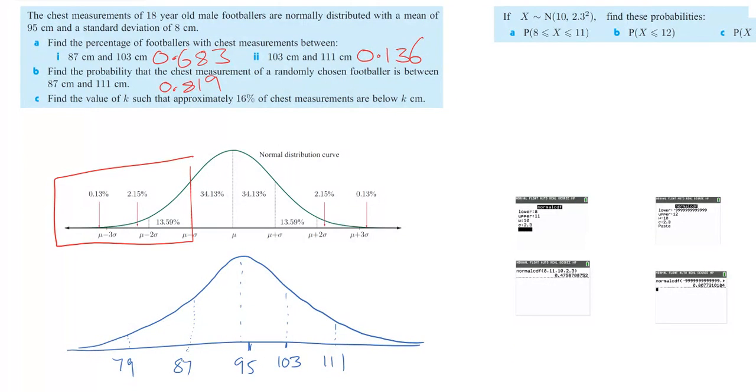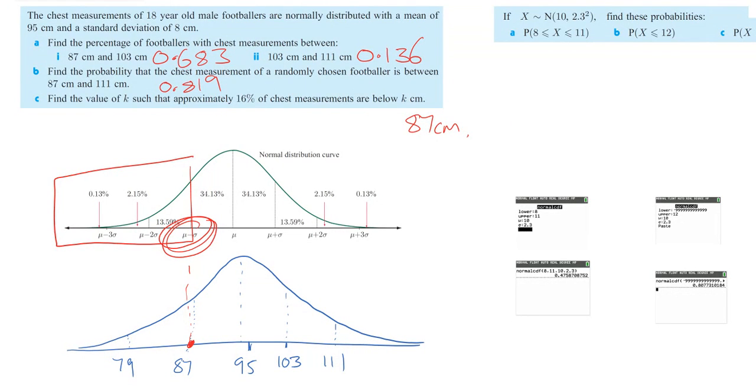If we take the 13.59, the 2.15, and the 0.13 for those little bound areas there, we're going to get approximately 16%. So the question is, what was this value here? That would be our value of K, so that 16% of chest measurements are below K. And of course, if we follow that down to our diagram, that is going to be 87 centimetres.